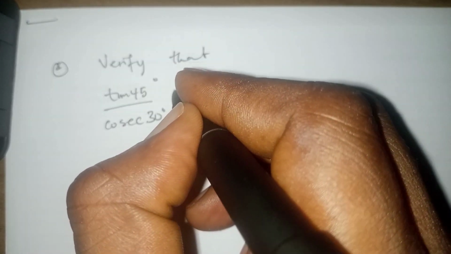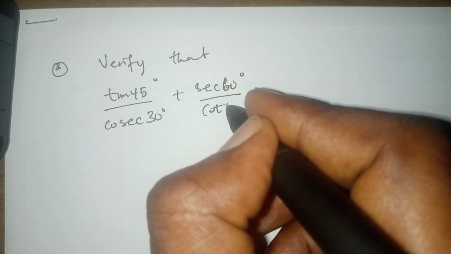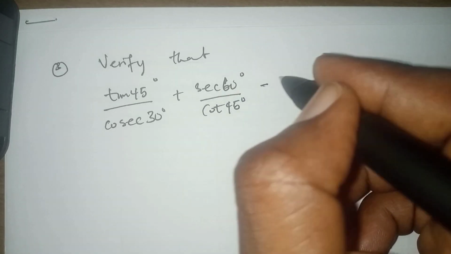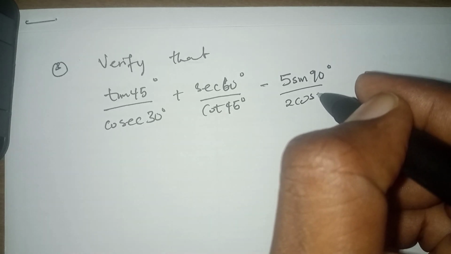The question says we should verify that tan 45 degrees over cosec 30 degrees plus sec 60 degrees over cot 45 degrees minus 5 sine 90 degrees over 2 cos 0 degrees equals 0.